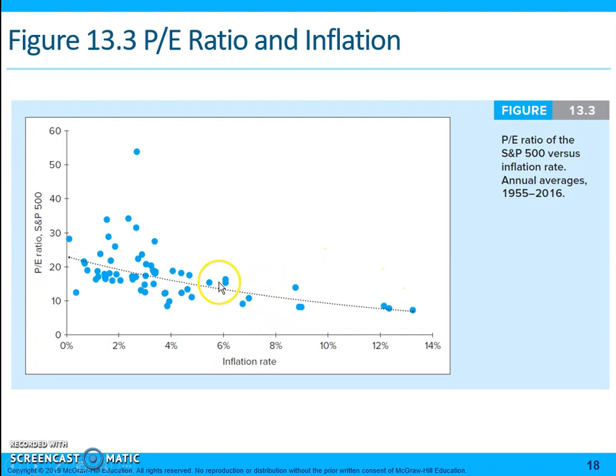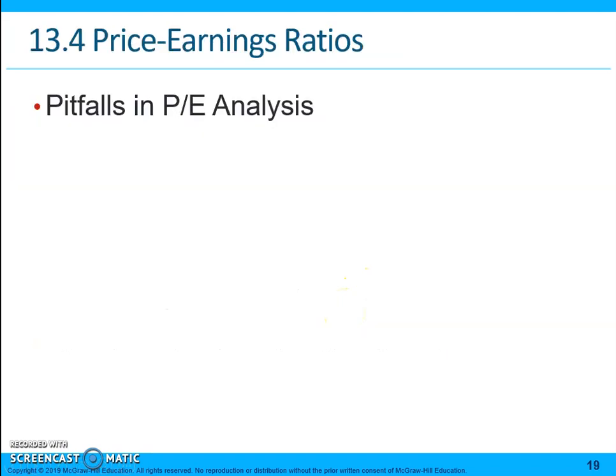I would suspect that all these numbers out here are from the 70s and 80s. This is from the S&P 500 from 1955 to 2016. So when inflation rates are higher, we're going to see lower PEs. That's all this slide is telling us.